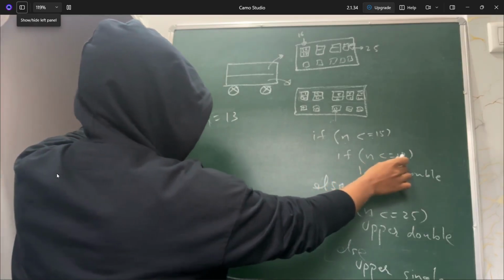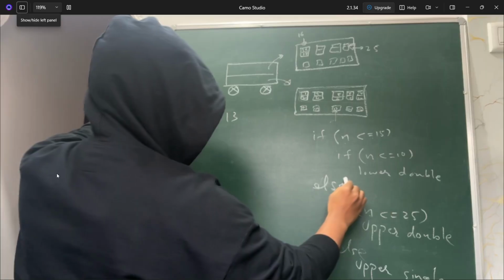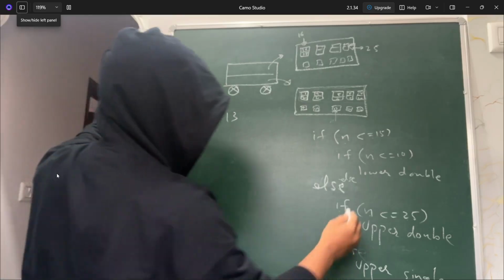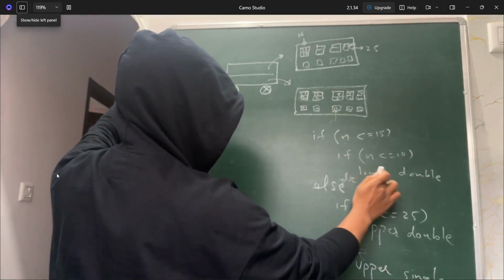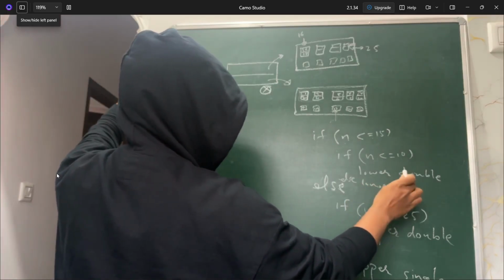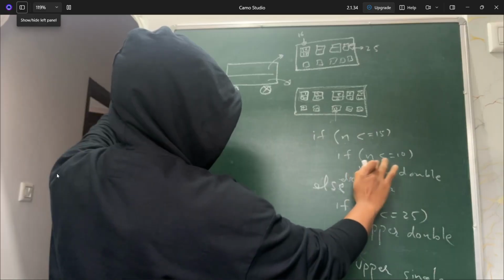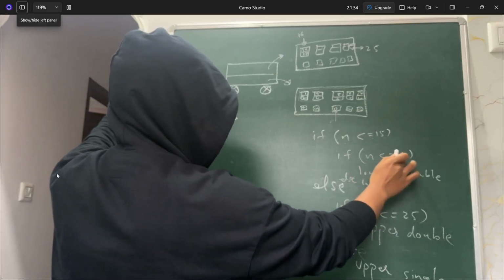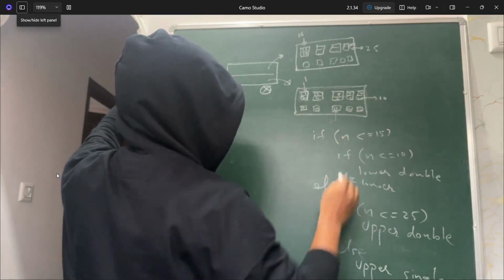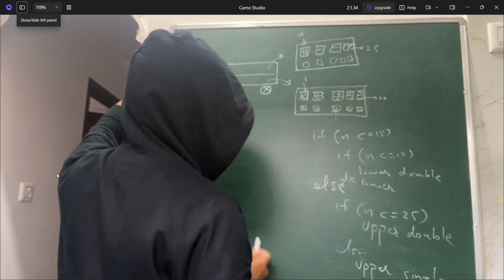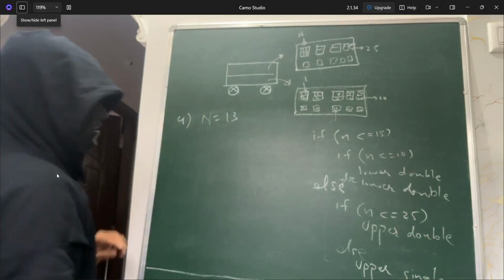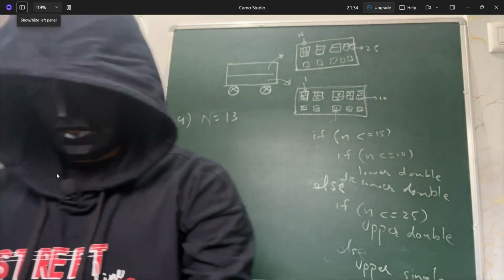If n is lesser than or equal to 10, which is not true, so we'll go to else. One thing sure is that if n is lesser than or equal to 15, it is in the lower deck only. But whether it is single or double, that we will have to check. So for that we check if n is lesser than or equal to 10, because the range of lower doubles is from 1 to 10. So 13 does not lie in this, so it is a single case.